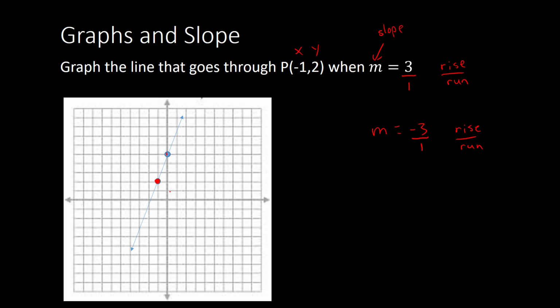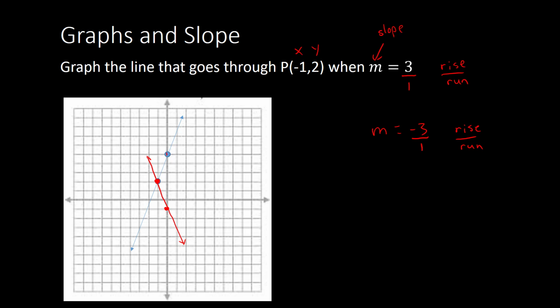Rise is up and down. Negative would imply that it's going down. That's the negative direction. So from this point, I go down 1, 2, 3, and then over in the positive direction, 1, because the run is a positive 1. So if it's negative 3 for your slope, you go down 3 over 1 and connect the dots, and you're going to get a line that looks like this.